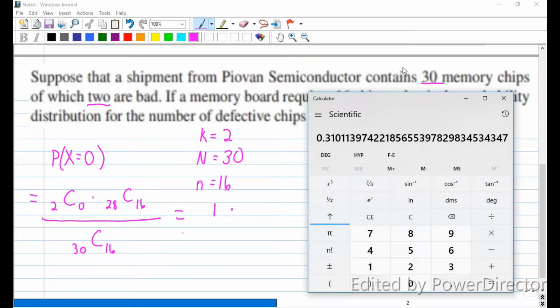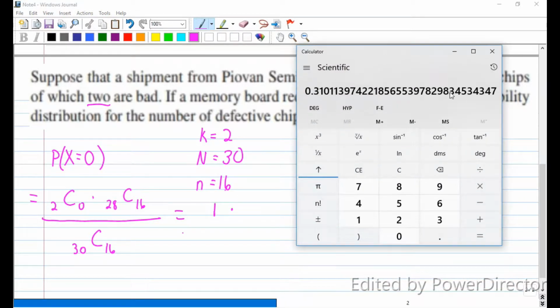I will try to do it in this calculator because it has a lot of places. Let's see, so 28 factorial. I don't know if I could say this number if I even wanted to. It has so many places. But then you have to divide by, see, 28 minus 16 is 12 factorial.